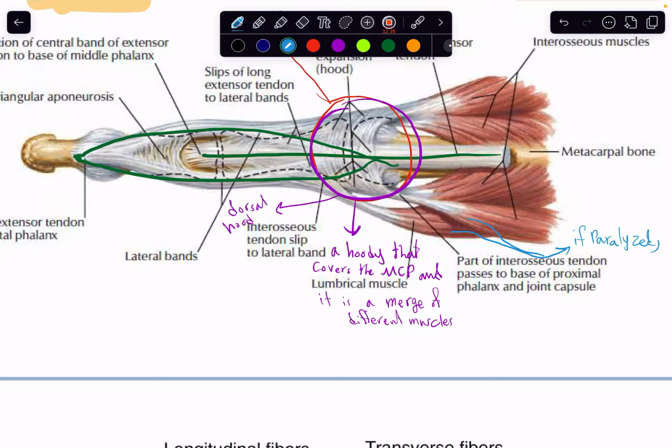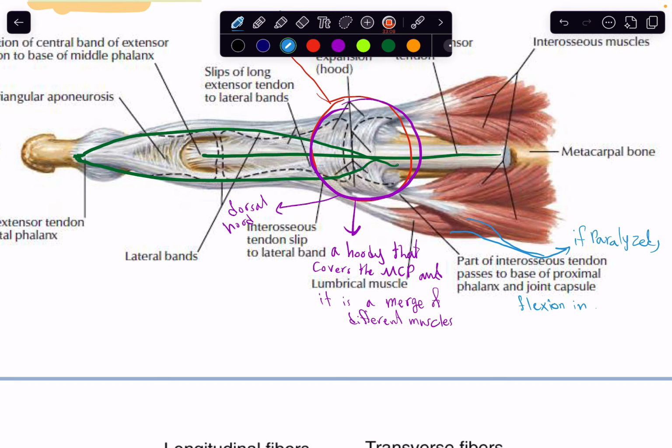Radial. It is not the ulnar. So these interossei and lumbricals were innervated by the ulnar. The ulnar nerve got injured, right? So those who are bending it cannot bend it. While the extensor digitorum longus, that was here, is supplied by the radial. So radial is intact. So it will extend.